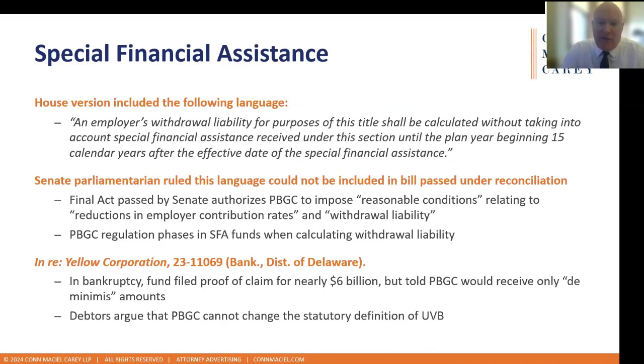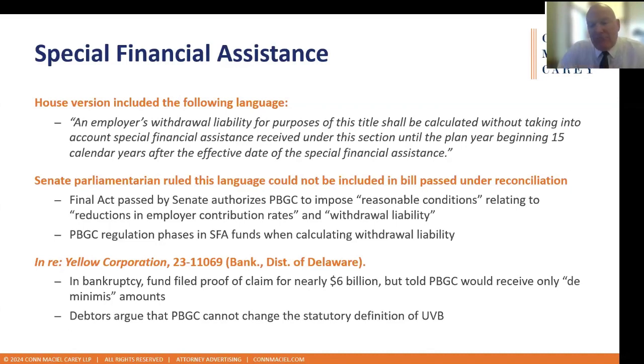The debtors then filed an argument with the bankruptcy court saying that the Pension Benefit Guaranty Corporation regulation cannot change the statutory definition of unfunded vested benefits, which means the value of the non-forfeitable benefits under the plan over the assets of the plan.